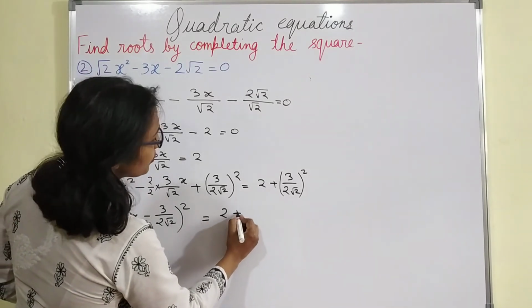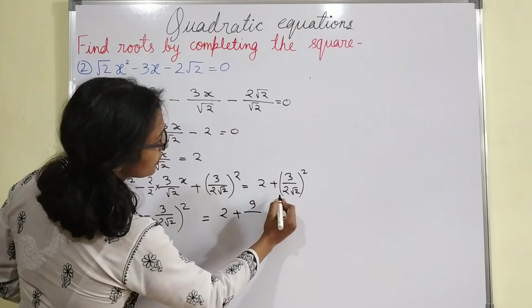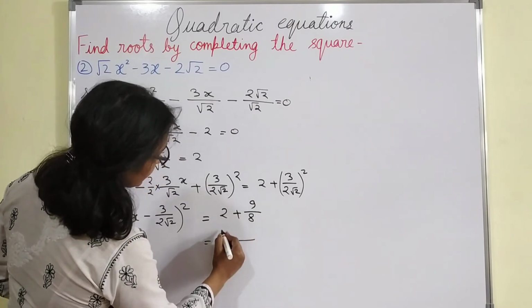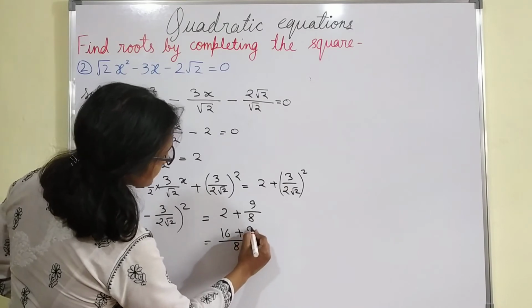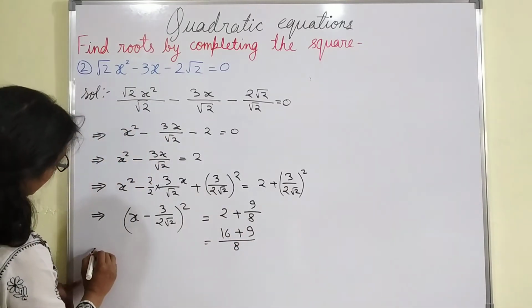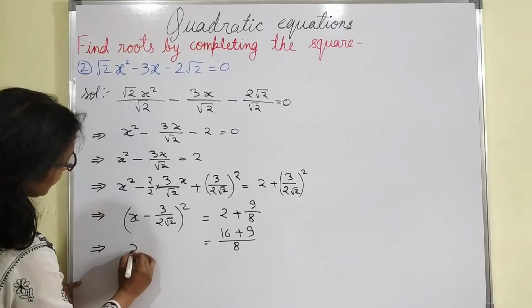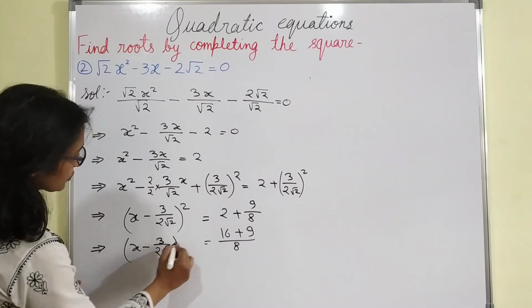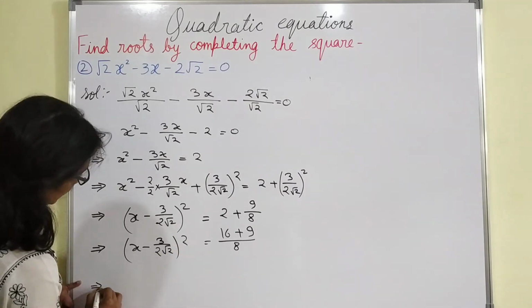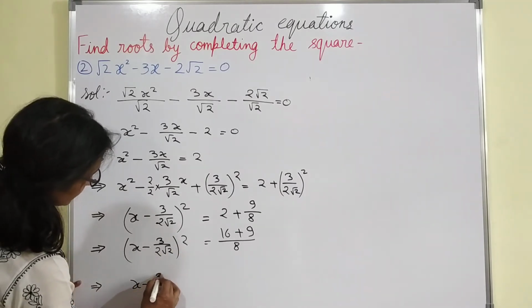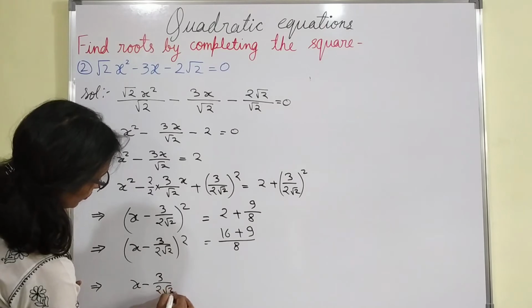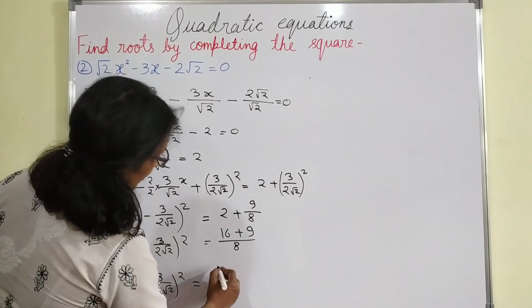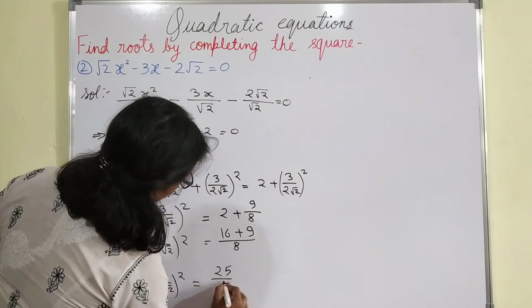And 2 plus 9 upon 8, that is 16 plus 9. So it is becoming x minus 3 upon 2 root 2 whole square equals 25 upon 8.